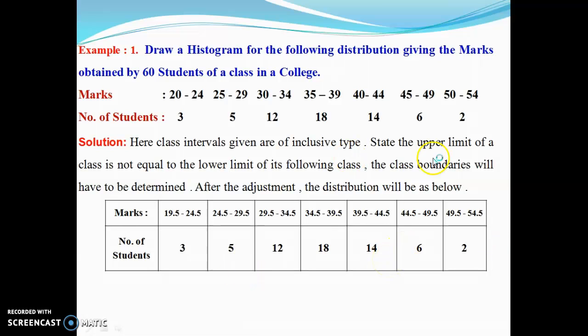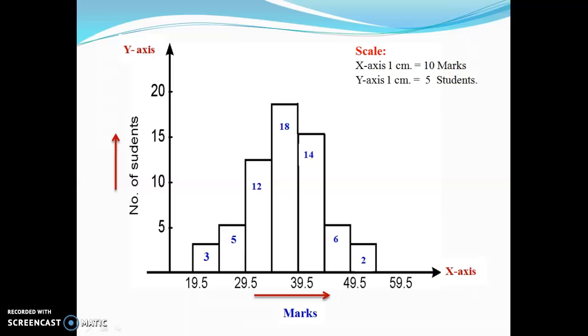By using this continuous data and frequency, we plot the histogram, where the x-axis is marks and the y-axis is number of students.